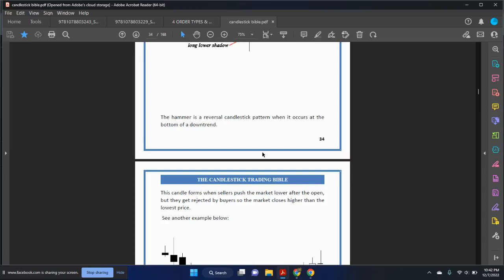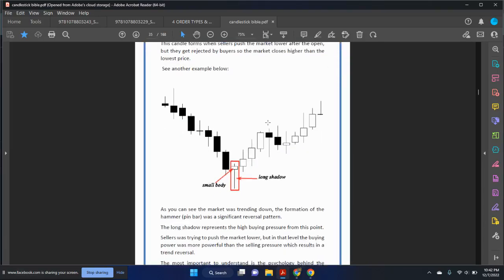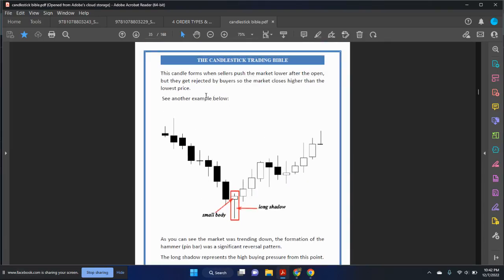So it says the hammer is a reversal candlestick pattern when it occurs at the bottom of a downtrend. And here it says the candle forms when the sellers push the market lower after the open, but they get rejected by buyers. So the market closes higher than the lowest price. See an example below.